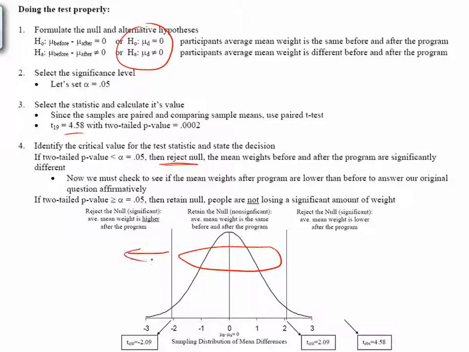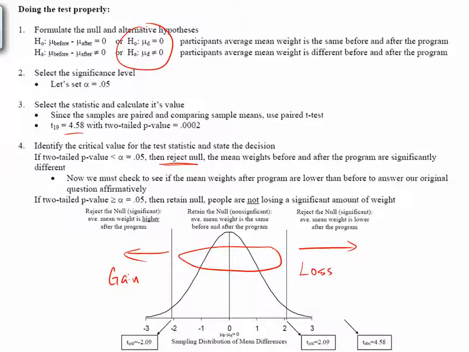Anywhere in this area, we'd say, yes, the difference is significant. The mean weight is actually higher after the program, or we would say there's significant evidence that suggests that they gained weight. If our t-statistic in this case is positive, meaning the before weight is higher than the after weight, then we would say that there's statistical evidence to suggest that they actually lost weight.